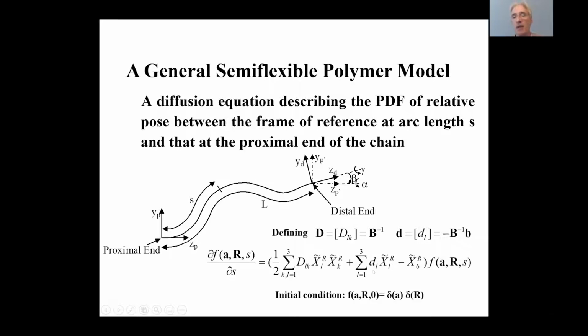So the numbering for the basis elements for SE3 are 1, 2, 3 correspond to rotations, 4, 5, 6 correspond to translations. And so here what you see is that there are only diffusions in the rotational degrees of freedom. So this is very degenerate. And yet we can solve this sort of Fokker-Planck equation.